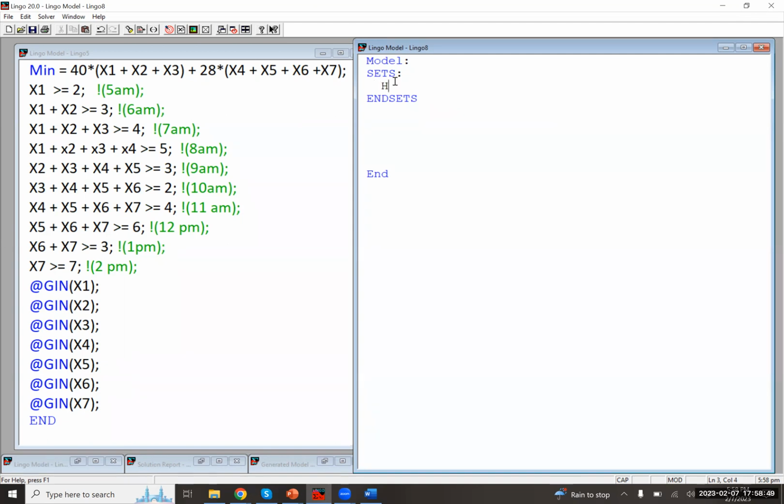So I'm gonna put the same name, hour, and how many different hours we need to consider. There are 10 different hour blocks, right? From 5 a.m. through 2 p.m. 1, 2, 3, 4, 5, 6, 7, 8, 9, 10, right?